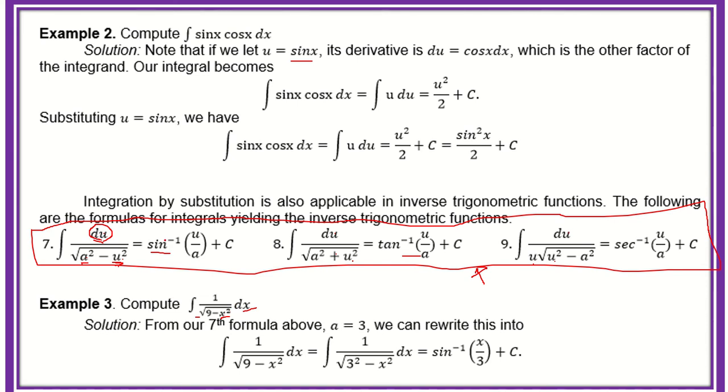So, that is arc sine. So, arc sine of, ang atong base is x. Ang u natin is x. And then, ang a squared natin ay 9. So, that means, ang square root of 9 is 3. That is square root of a squared, that is a. So, a is 3. So, that is arc sine of x over 3 plus c.